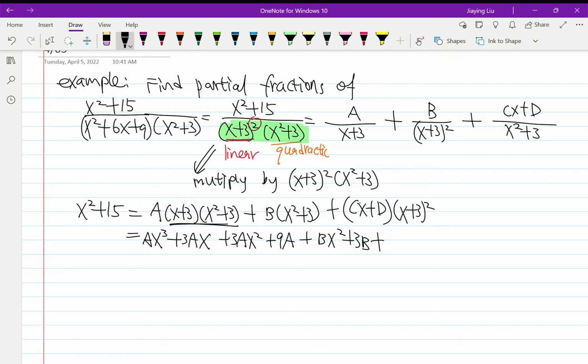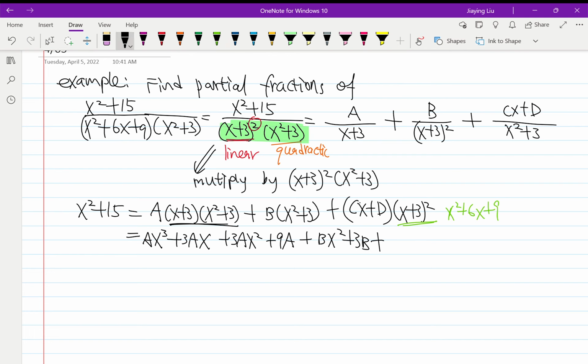And then the cx plus d term, you might want to do a little bit extra work on the side, figure out x plus 3 squared first. So that's x squared plus 6x plus 9. So multiply with cx plus d.